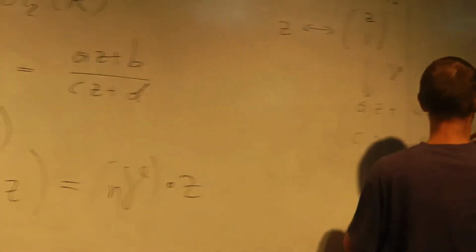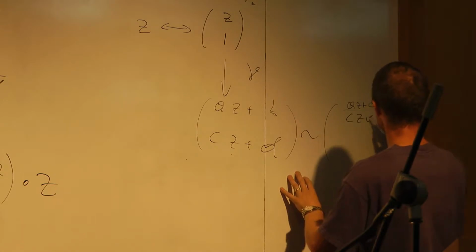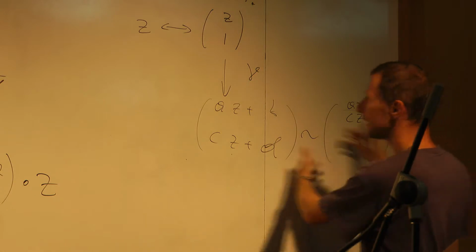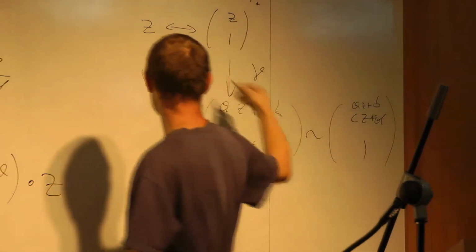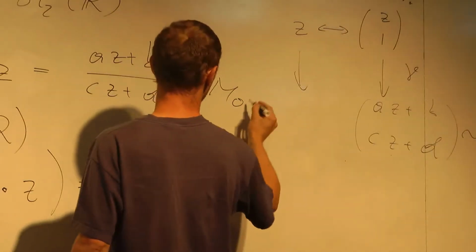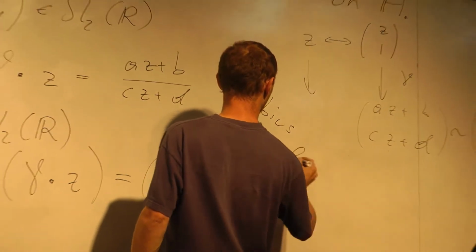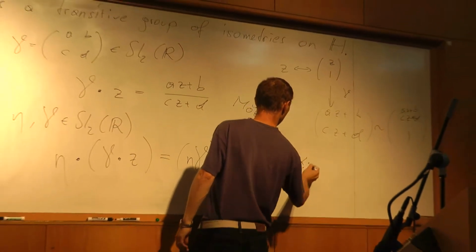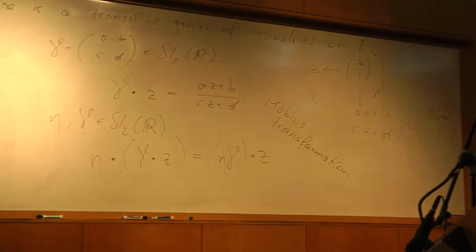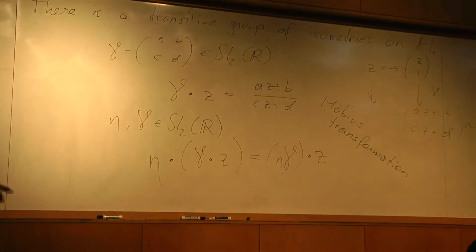So this point is equivalent to (AZ plus B) divided by (CZ plus D), 1, and hence, secretly, this action, which is called a Mobius transformation, is just applying a matrix to a vector. And hence it's an action because we already calculated in linear algebra that this law is correct.